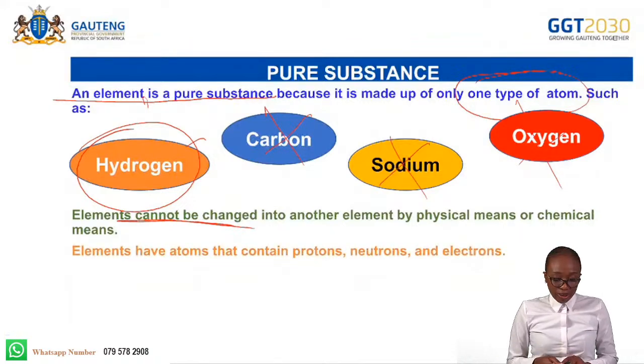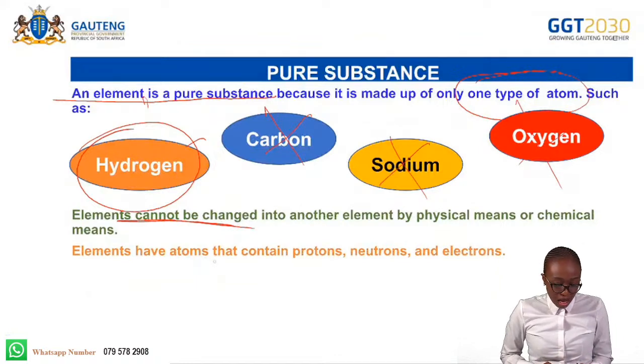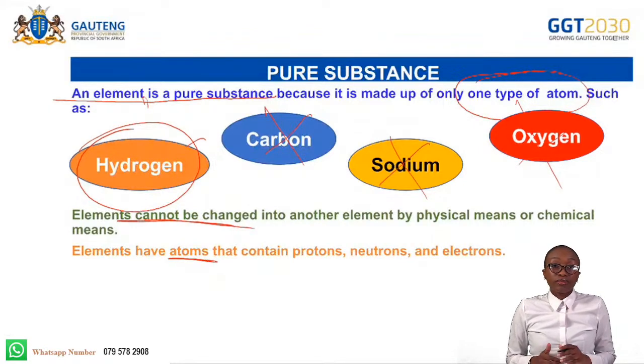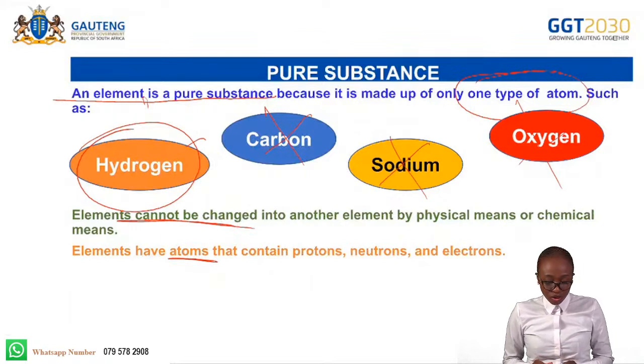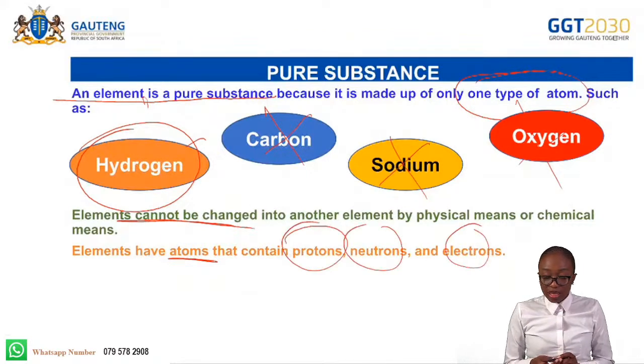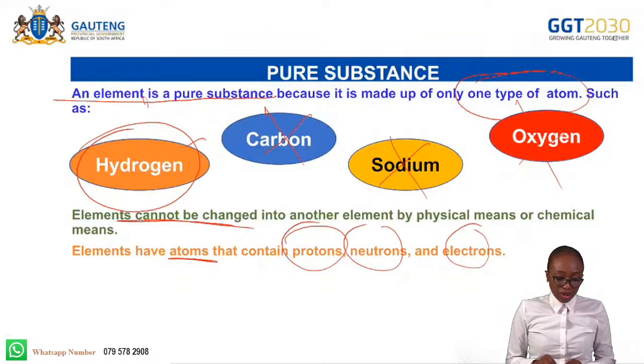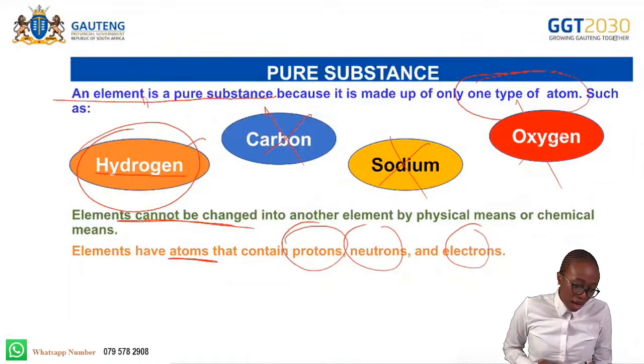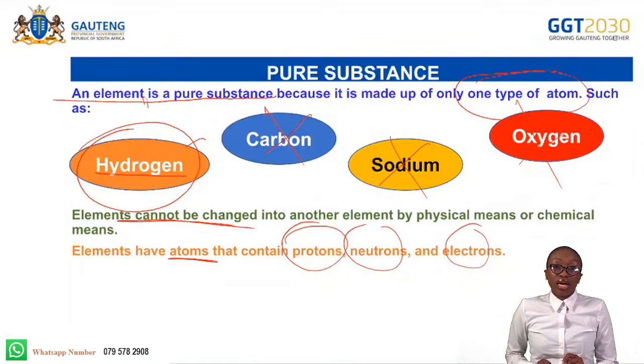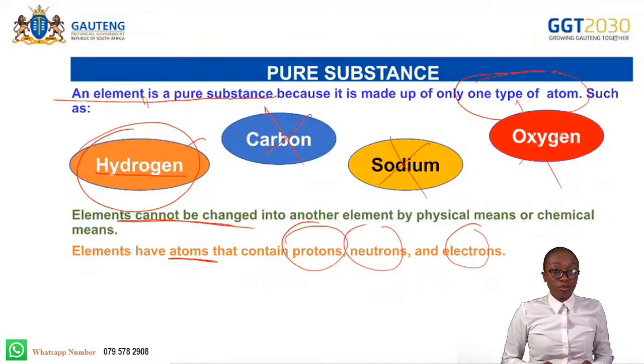Now, remember, elements have atoms, and they contain protons, neutrons, and electrons. So the name of the element is hydrogen, right? And hydrogen has atoms, and those atoms have subatomic particles.